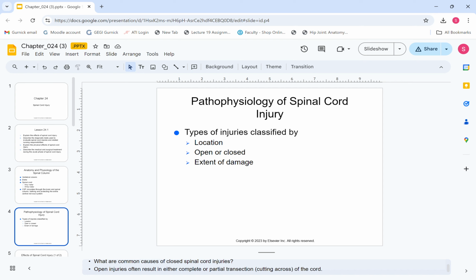So we want to immobilize the patient, immobilize their neck, maybe even their thoracic spine, their lumbar spine, until we can get them to a hospital where we can do CT scans and MRIs to find out where the injury is and how bad the injury is.